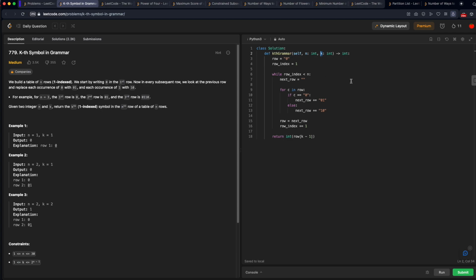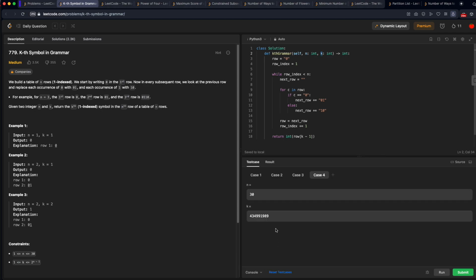Okay, so this is a little bit trickier, but I don't think it's too bad. So my plan here is to think about the very last row. So like this row that has this many characters in it. So in our very last row, which is row 30, since this is a binary tree and every row doubles in size, that means this is going to be 2 to the 30 minus 1 number of leaf nodes. So in our very first row, or our level, let's call it levels.